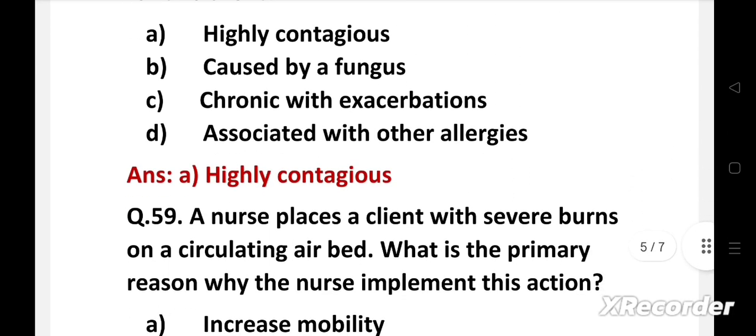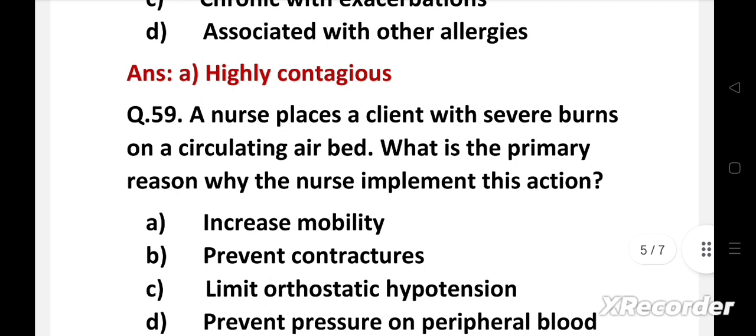Next question. A nurse places a client with severe burns on a circulating airbed. What is the primary reason why the nurse implements this action? Option A, increase mobility. B, prevent contractures. C, limit orthostatic hypotension.